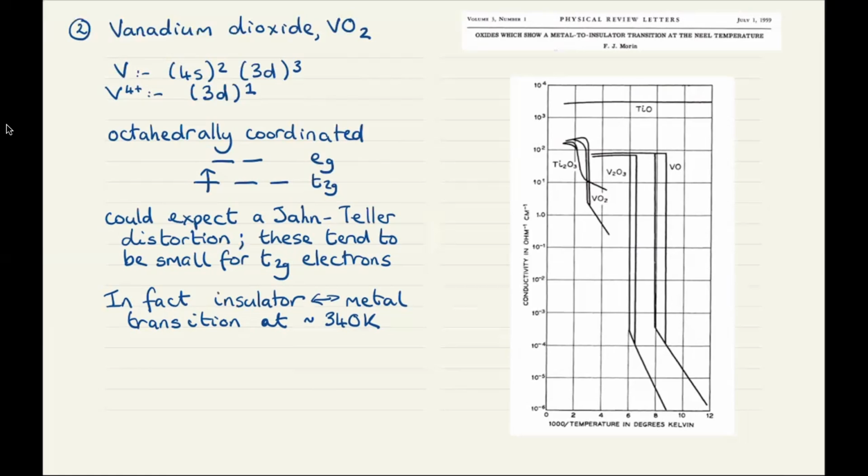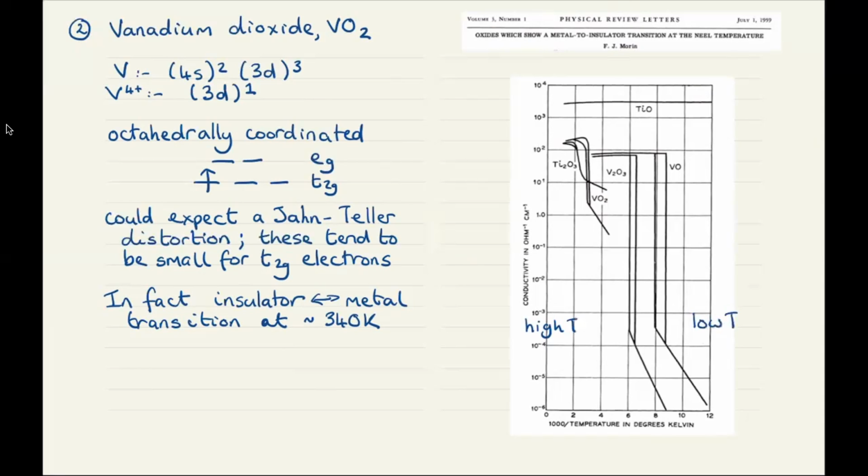So here's the original data, the first report of the metal insulator transition, not only in vanadium dioxide, but in other oxides of vanadium and titanium. Let's focus on the vanadium dioxide one now. So what's been plotted here is the conductivity as a function of reciprocal temperature. So on this side, we have high temperature, and on this side, we have low temperature.